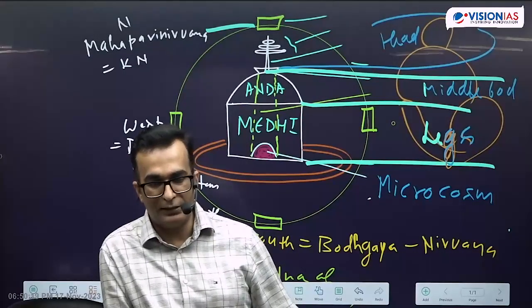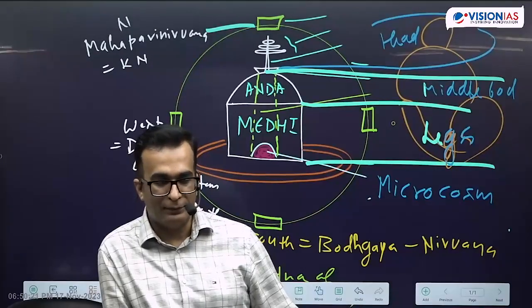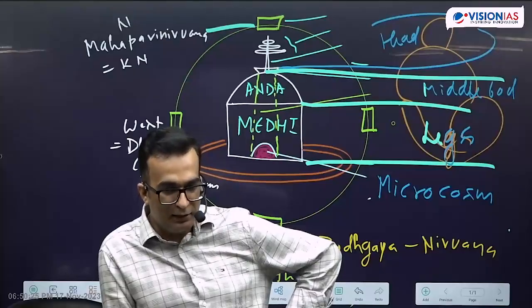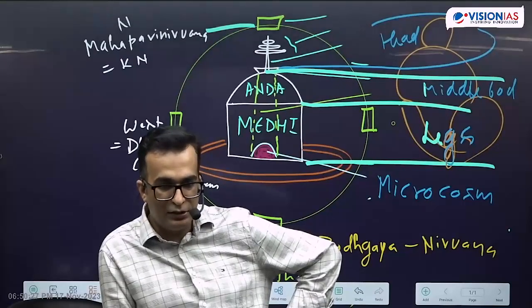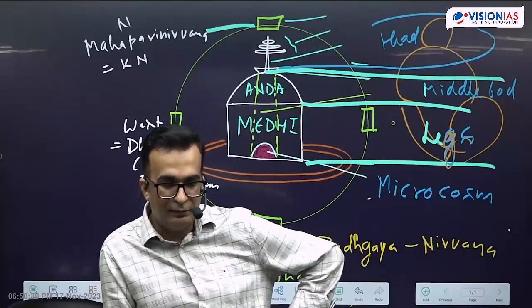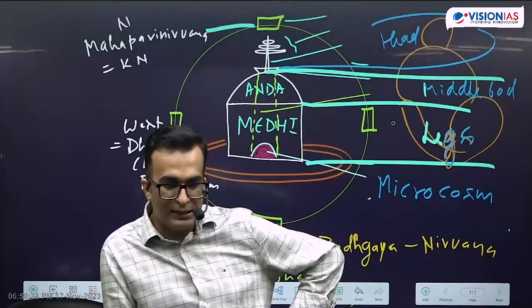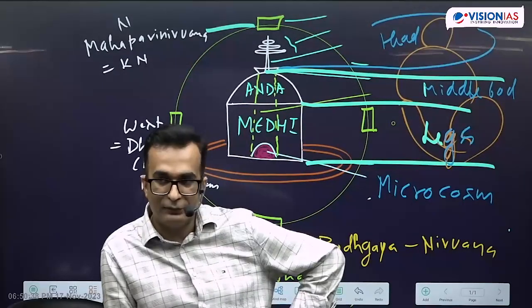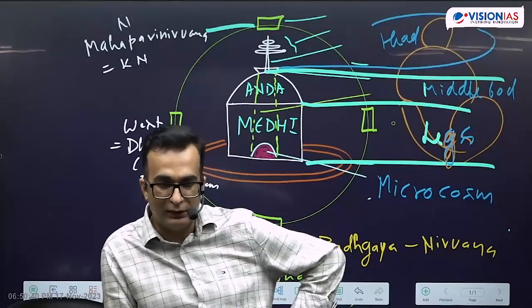Anda represents middle body of Buddha. And third, Harmika, Yasti, Chhatri represents head of Buddha.